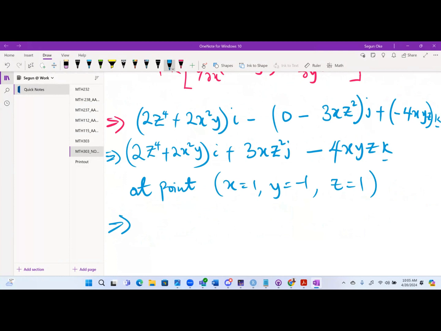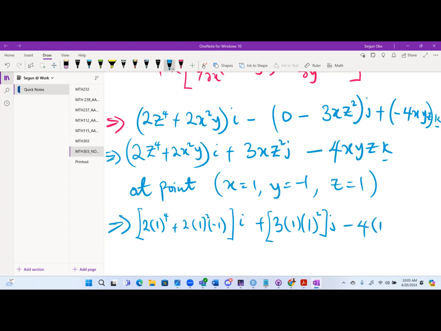So the first one would be 2 into 1 raised to power 4 plus 2 into 1 squared into -1, everything is i, plus 3 into 1 into 1 squared, everything is j, minus 4 into 1 into -1 into 1.